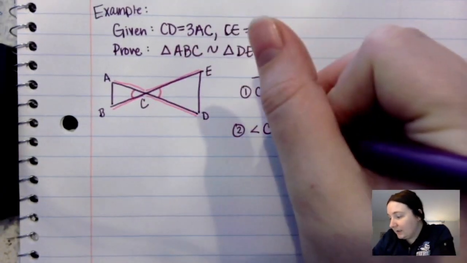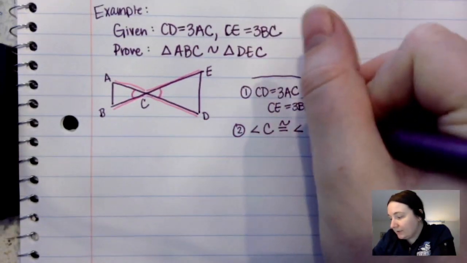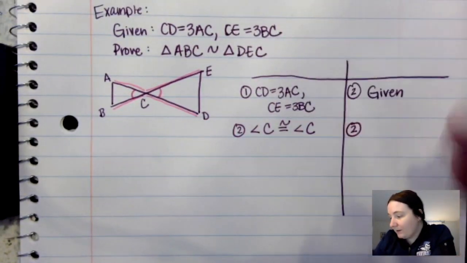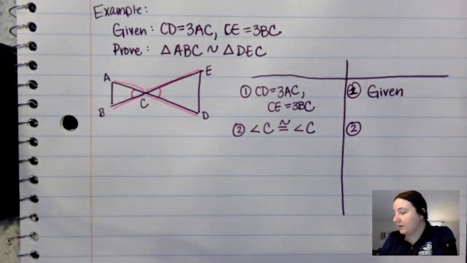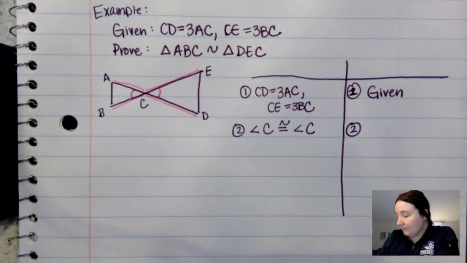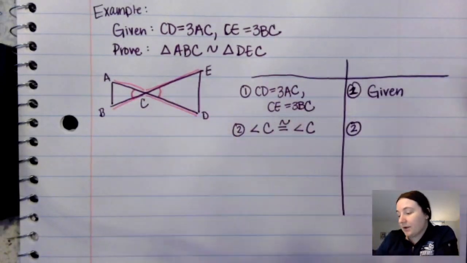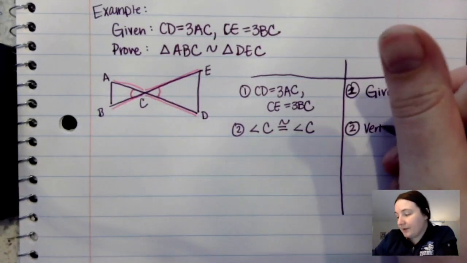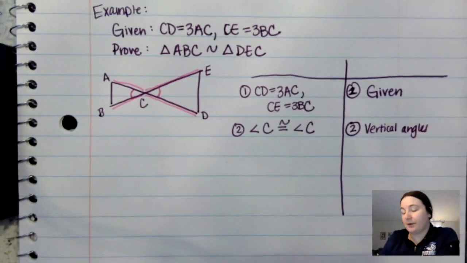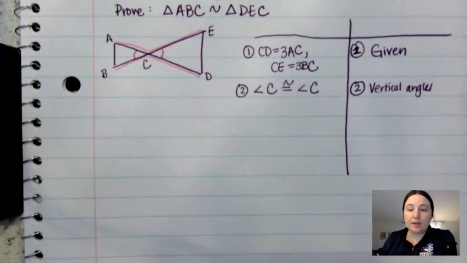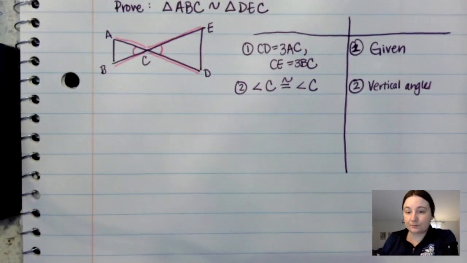Angle C is congruent to angle C. Oops, I wrote a 2 over here, but this is supposed to be a 1. Sorry. And the reason these are congruent is because they are vertical angles. Vertical angles is a very common reason, and you'll see some other commonalities of ones you want to remember, but those are vertical angles.